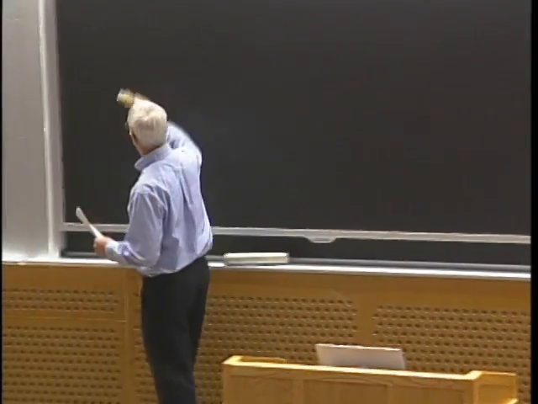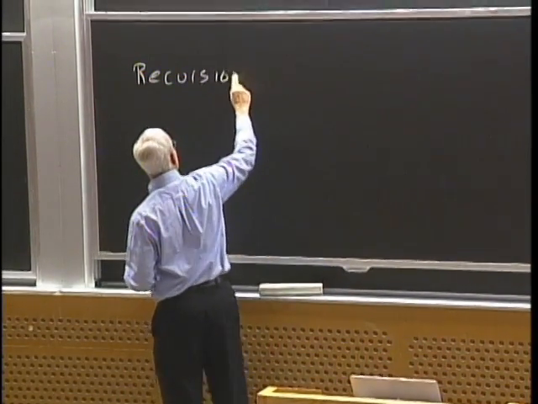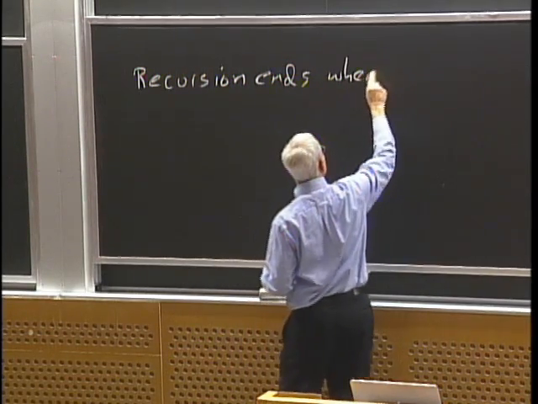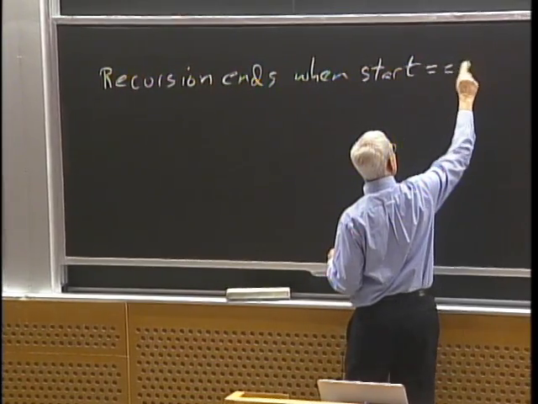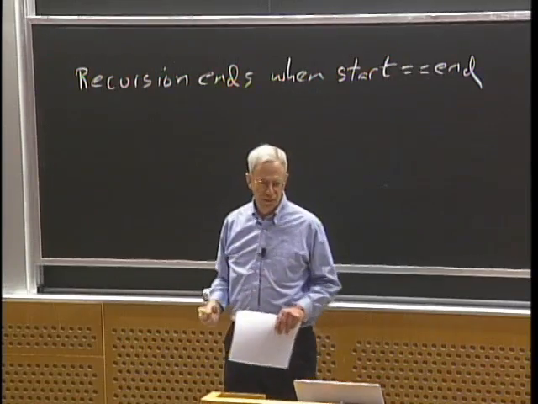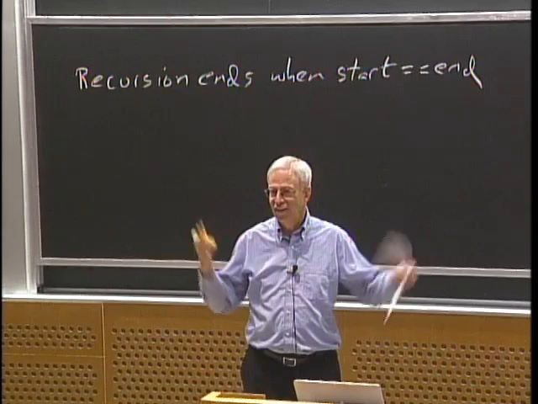first thing we have to say is the recursion ends when start equals end. That is to say, I've called it, and I've asked, is there a path from A to A? And the answer is yes, there is.